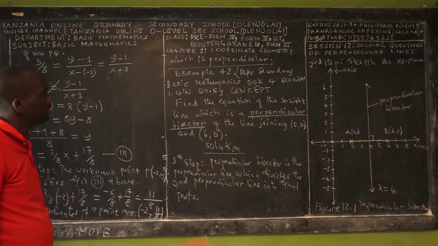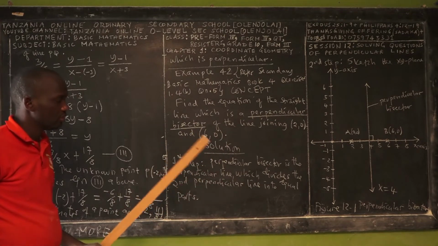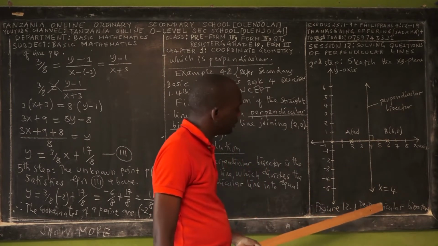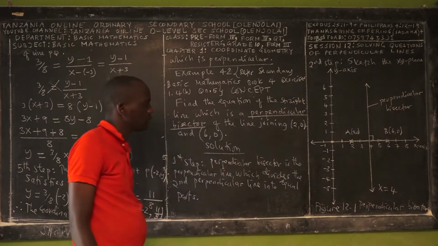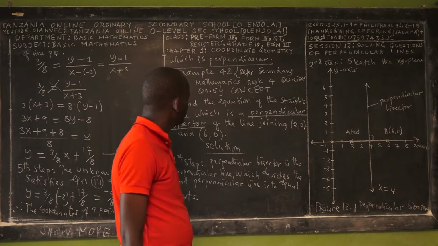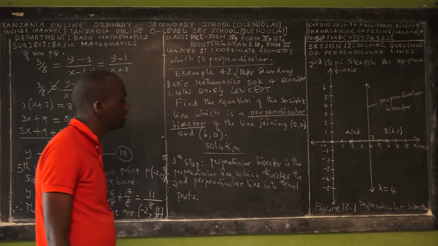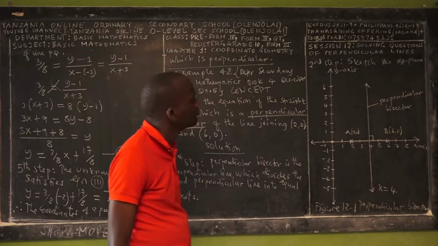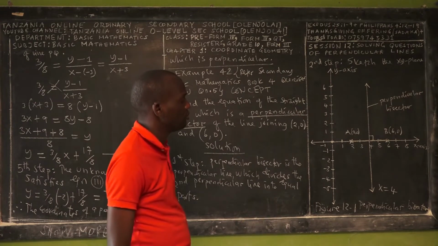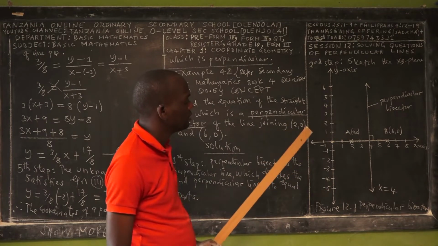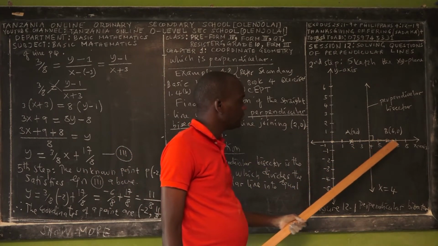Because the question asks us to find the equation of the straight line, it is x is equal to 4. That is the first method. So we can determine the equation of the perpendicular bisector line by using figure 12.1. But we can also determine the equation of the perpendicular bisector line by finding the gradient of AB, and then using the concept of the product of gradients of perpendicular lines.